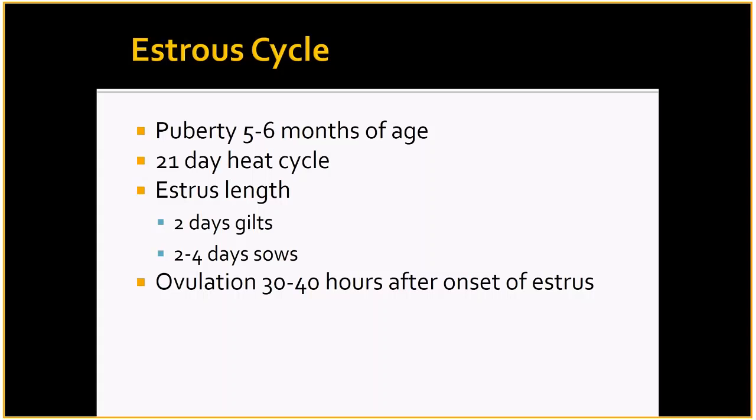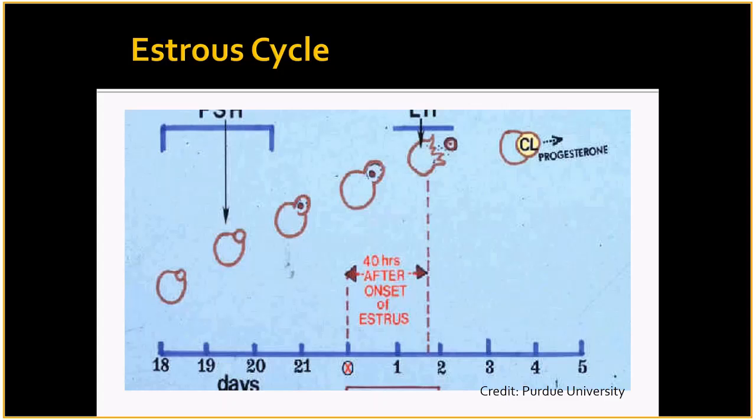So ovulation is generally occurring 30 to 40 hours after the onset of that estrus. This is a very high tech drawing, but if you're more visual, sometimes I need that, so I just threw this drawing in there.